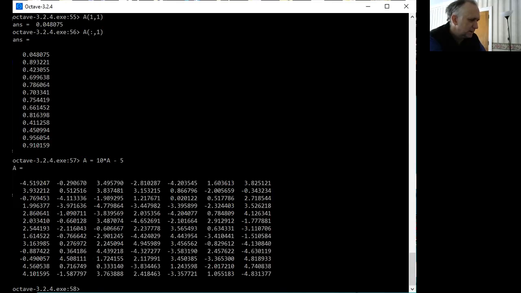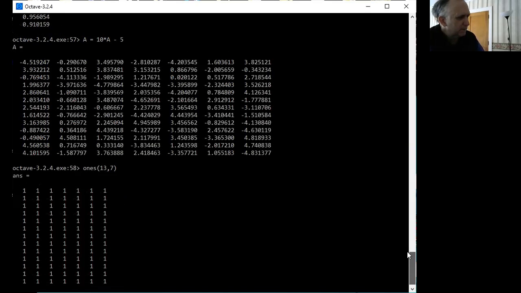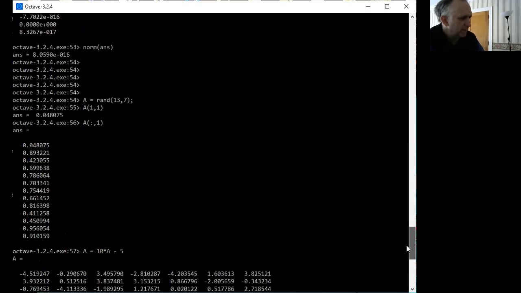So let's see what we get. We go ones, 13 by 7. Yeah, okay, so it did that. MATLAB helps you out. It knows that you're busy, you're focused on the math, and it tries to give you nice shortcuts to not bog you down with minor programming details.